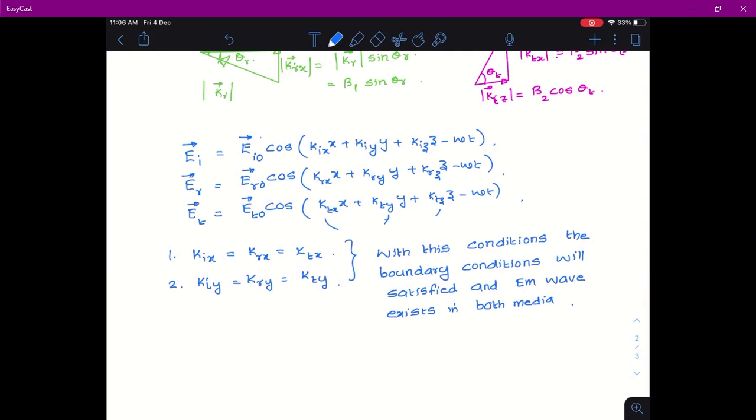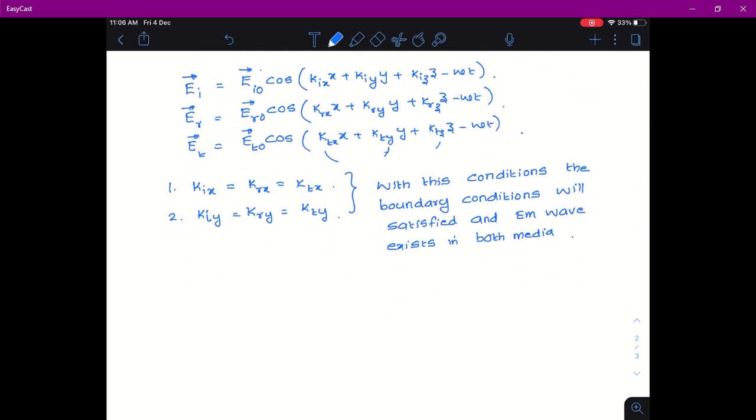A small bit of derivation I am not mentioning. So the x components of K should be equal, and also the y components of K should be equal. You see that the z component need not be equal because we are considering the wave incident on the plane z equal to 0. Be careful in that.